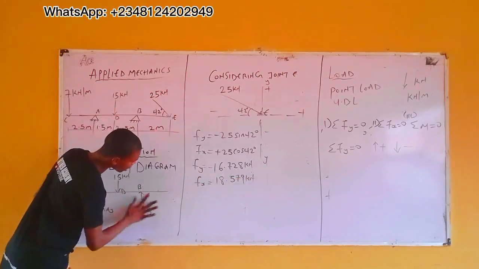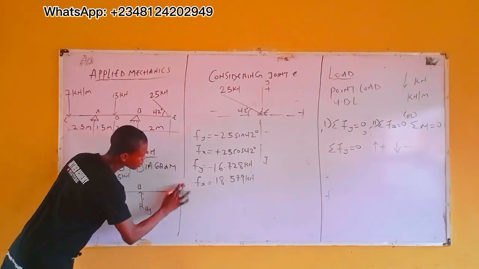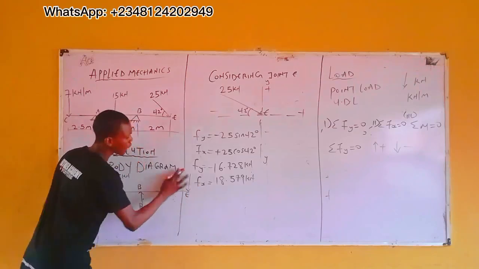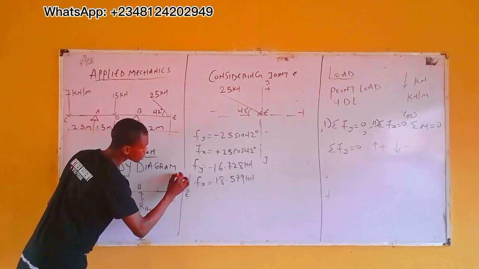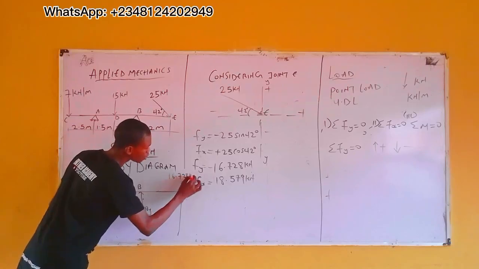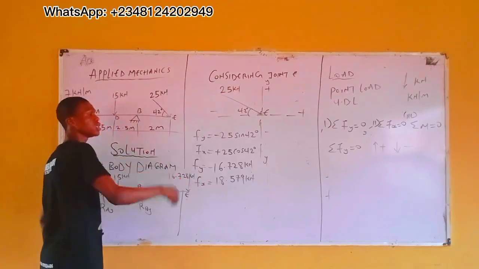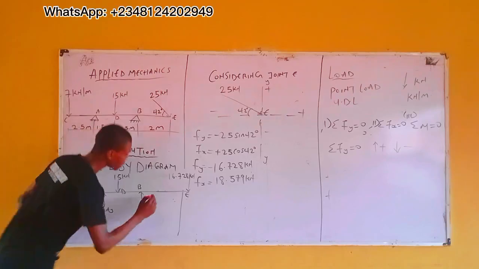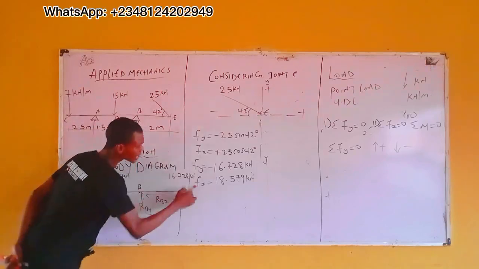So let's say this is point E. On point E, you have a vertical force, and the value of this vertical force is what? 16.728 kilonewton. Will it still be minus? No, because this arrow has signified that the force is acting downward.